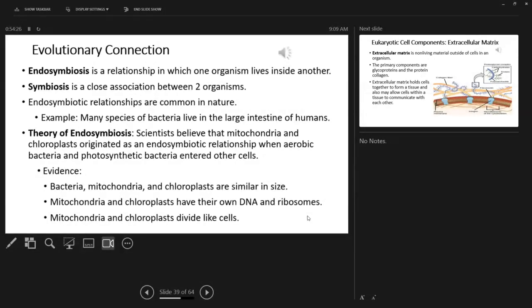And I think they were the first organelles, and there's other evidence.